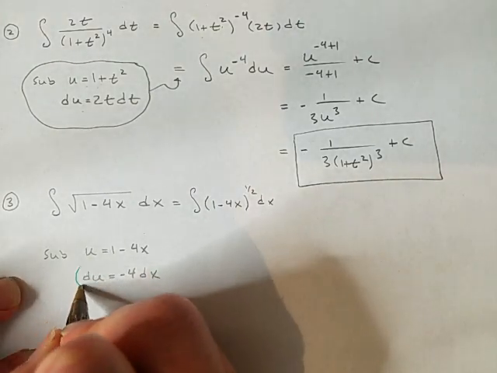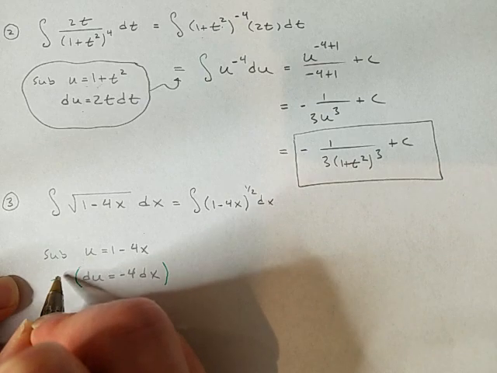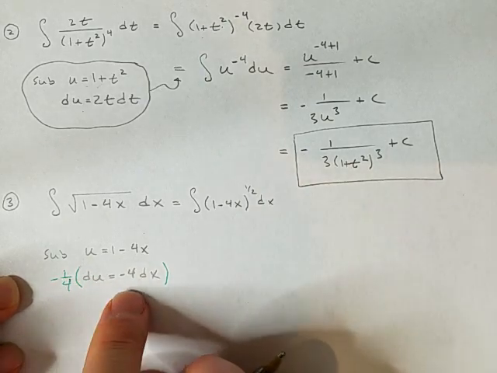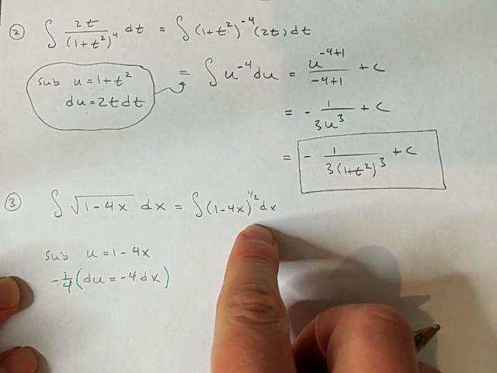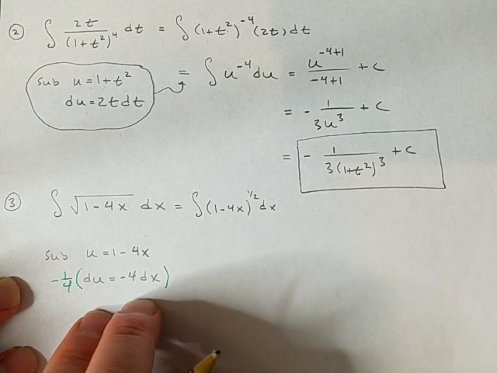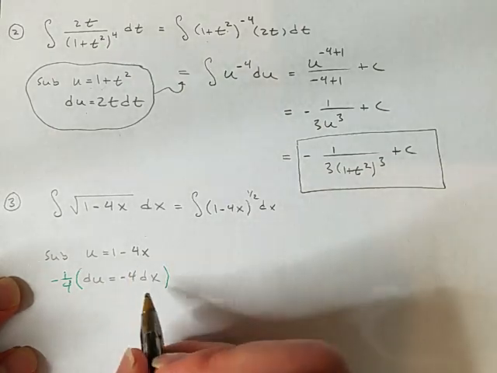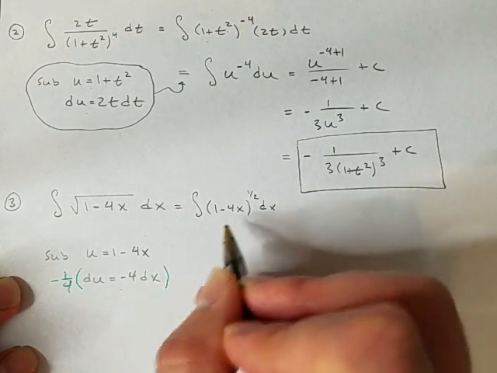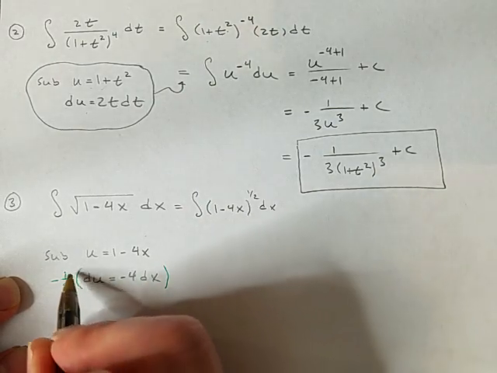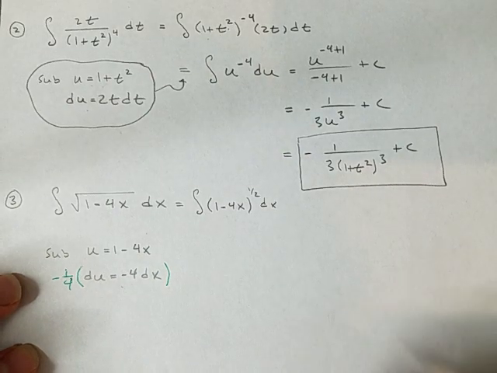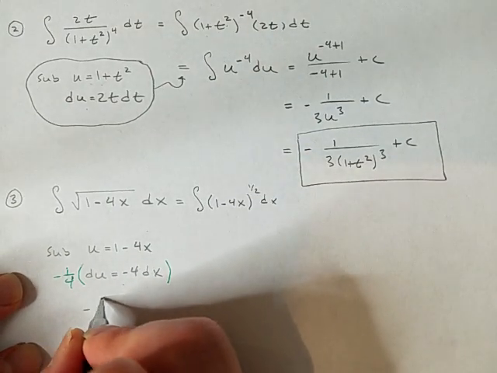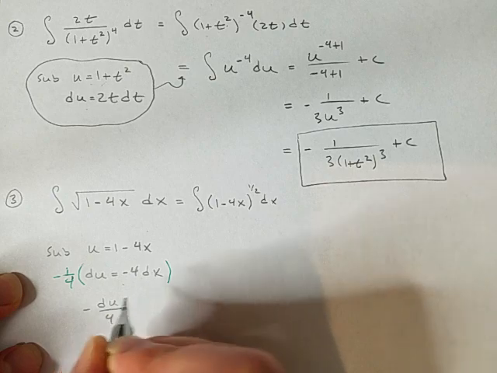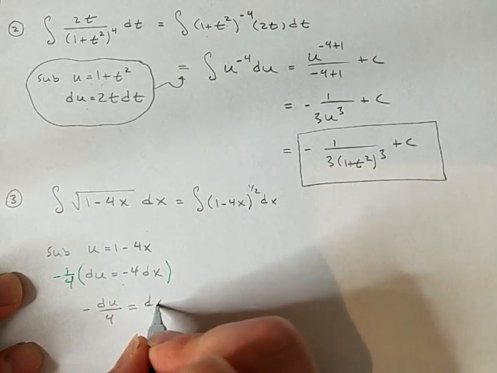If I take this and I multiply by negative 1/4, I will get this in a way that it works up there. Okay? I will get this in a way that I could substitute it. The way it is, I don't see negative 4 dx. It's not there. But this will rearrange it so that I can. So here's what I'll get. Negative du over 4 is equal to dx.